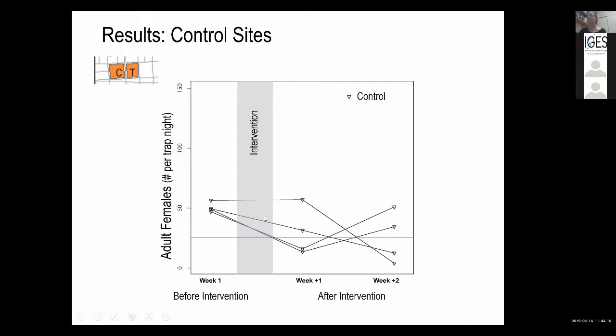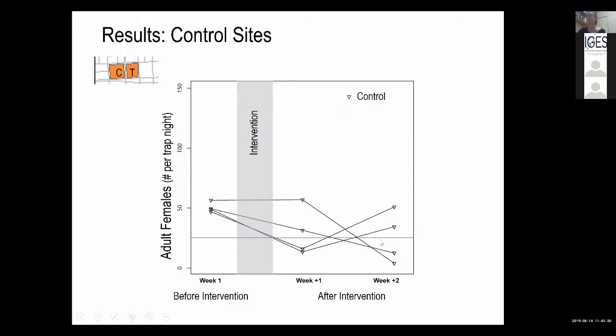But so obviously, if our intervention, if our garbage removal had an effect, we want to be able to compare it to what would have happened during that same time frame in a place where we didn't do an intervention. So these control data kind of suggest that the mosquito populations were kind of staying even during that period of time, maybe even going down a little.